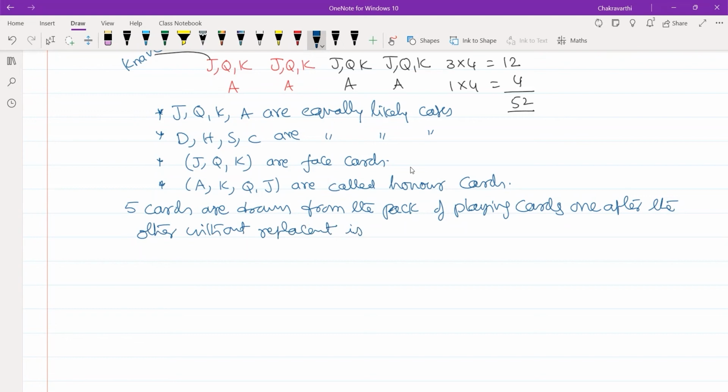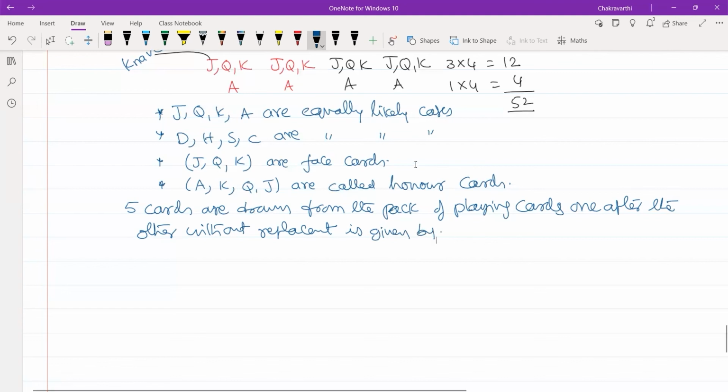In this situation, this is a random experiment. Generally, five cards are drawn from the pack at a time. It is also called without replacement conditions. Here it is clearly mentioned from the examination point of view: five cards are drawn from the pack of playing cards, one after the other, without replacement. What is the number of outcomes?